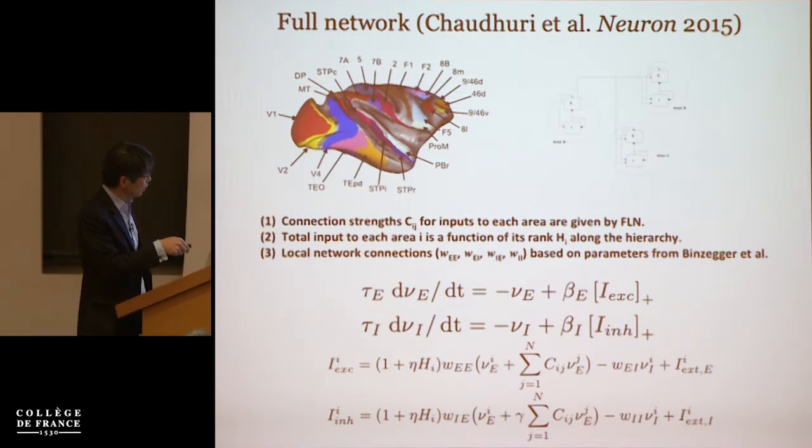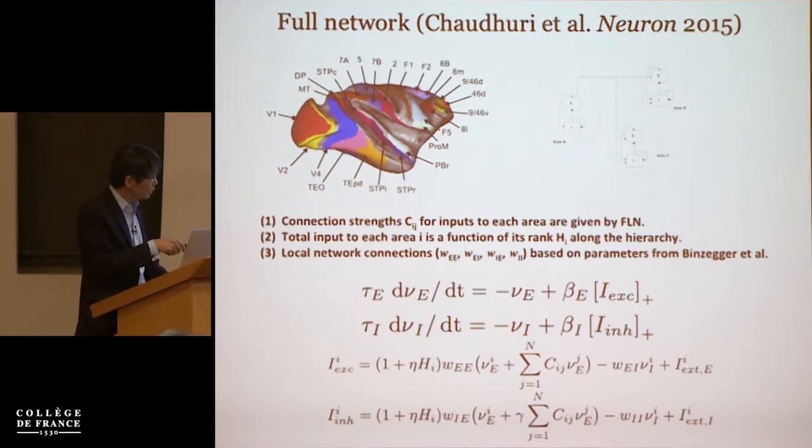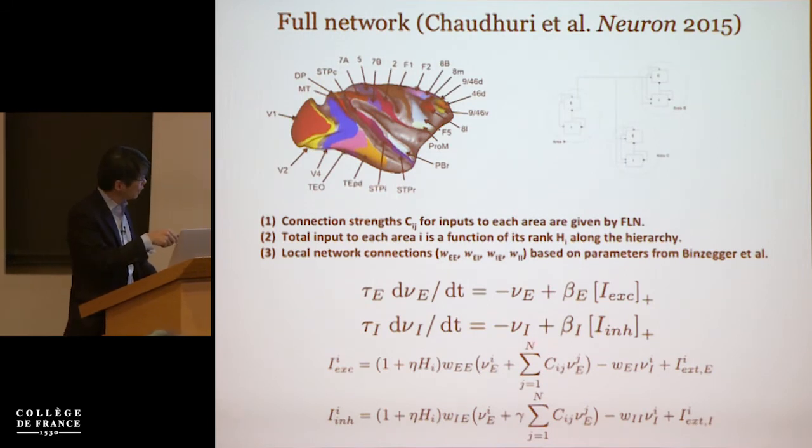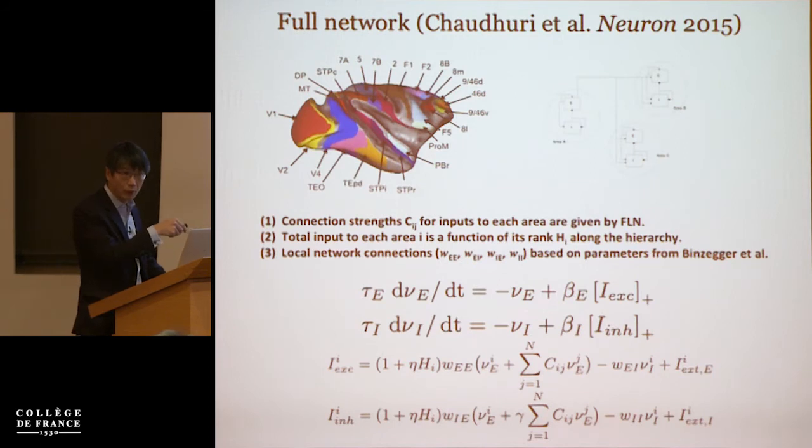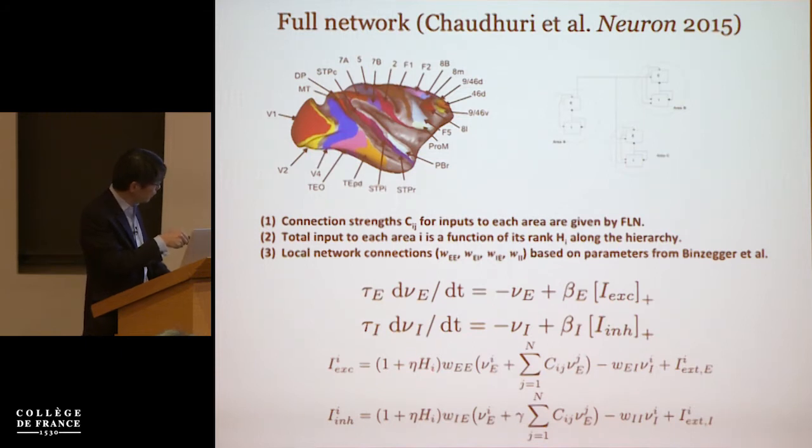We used the CIJ, the connectivity matrix from Kennedy's group, as the matrix for long-distance connections, and we built a local circuit model for each area, which is the same. It's following the idea of a canonical circuit, but then certain things change from area to area. This is an example of a macroscopic gradient that scales with the excitation strength based on the spine count data.